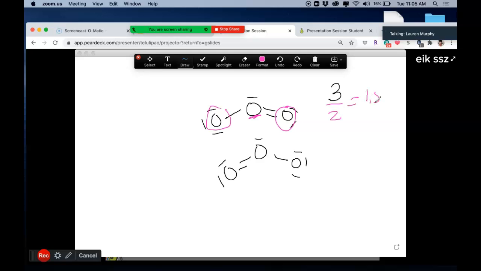So the bond order is 1.5, meaning in the ozone molecule, those electrons in that double bond are evenly split. So this isn't a bond order of 2 and a bond order of 1. This is not how it is. This is 1.5 and this is 1.5, so somewhere smack dab in between a single and a double bond.